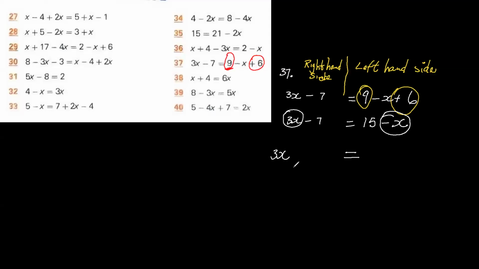I have to add something with the 3x. You have to add x, right? So it will be 3x plus x equal to 15. What about the 7? Should I have minus 7 here?